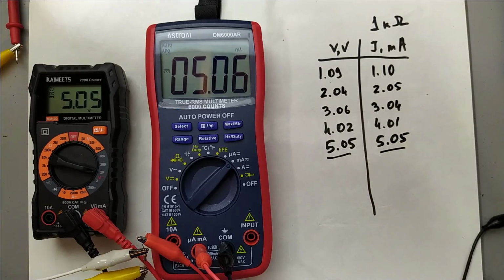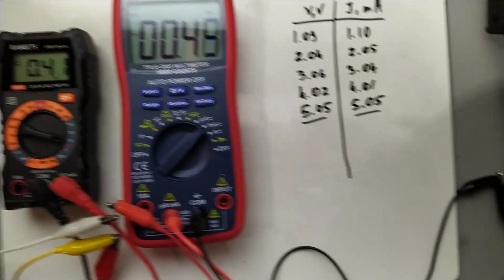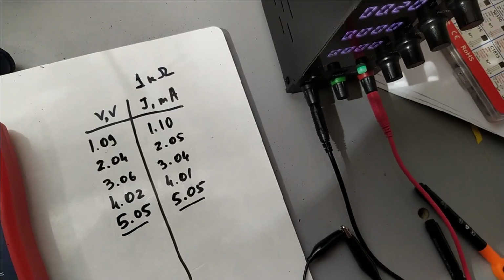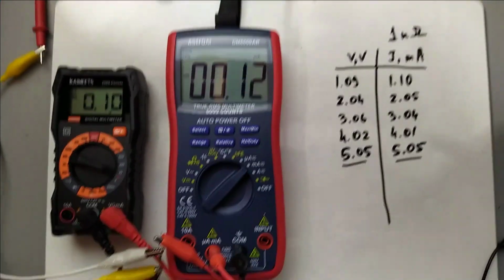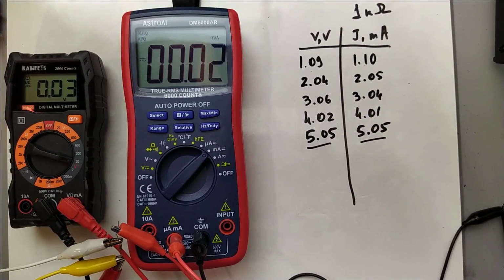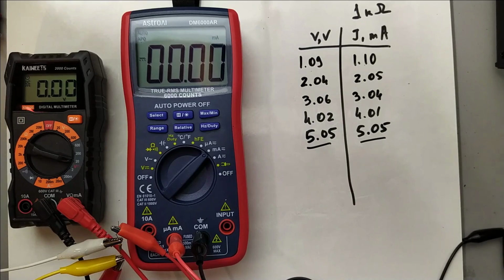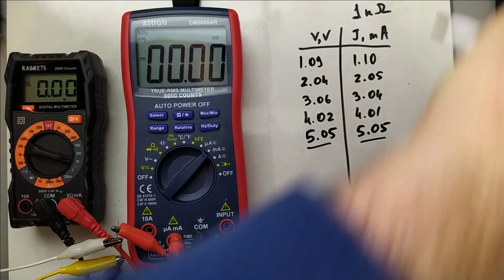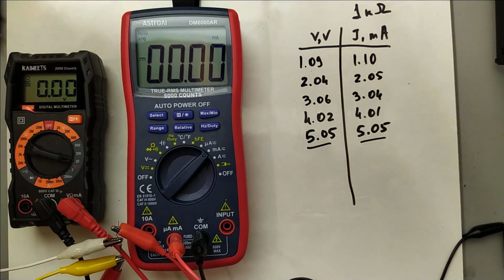So what is interesting to demonstrate here, let's go to 0 at the power supply. At the power supply, I will change the polarity. So I will swap the positive and negative terminals.